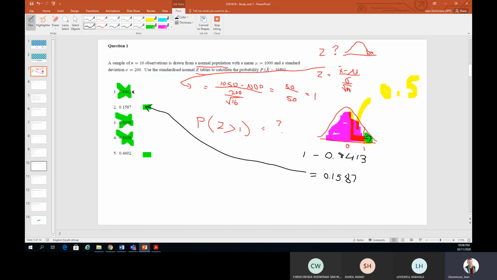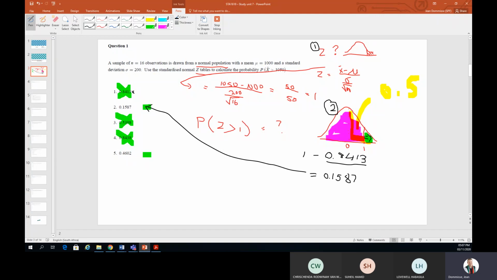To make it the process, we first need to get a Z. Then with that Z we go to the Z table, but I use my own drawing just to make sure what I need to get. From the Z table, depending on which side you need, you decide if you take the value or if you say 1 minus that value to get a smaller area.